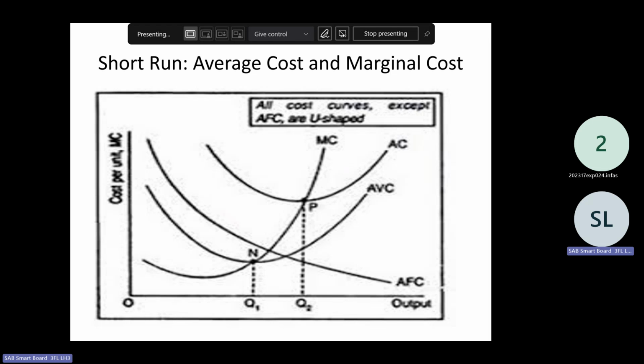And the average variable cost is also U-shaped, which is also based on the inverse S-shape of the total variable cost. If you draw a line from the origin to the curve, you can see the slope of that line. For example, there was no mention.